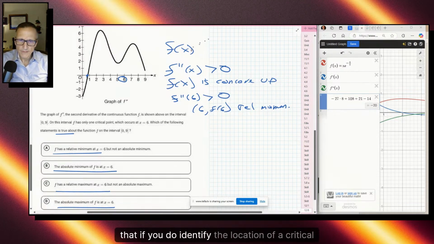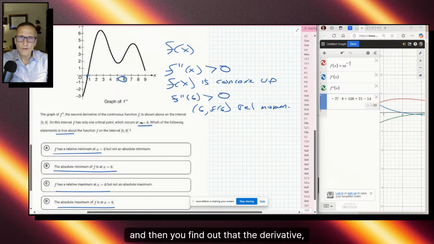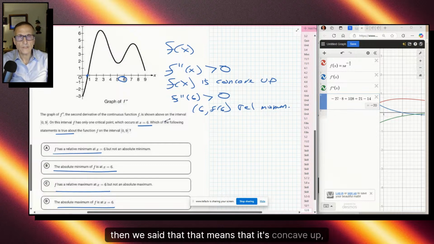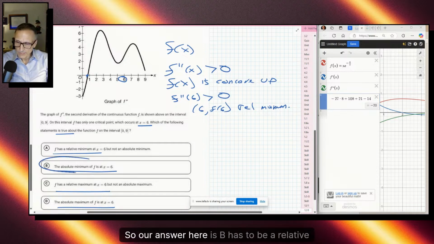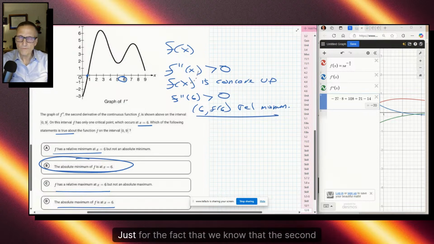If you identify the location of a critical value on your function f of x, and then you find that the second derivative at that critical value 6 is positive, that means it's concave up, and therefore it has to be a relative minimum. So our answer here is B, has to be a relative minimum, just for the fact that the second derivative at that critical value 6 is a positive value.